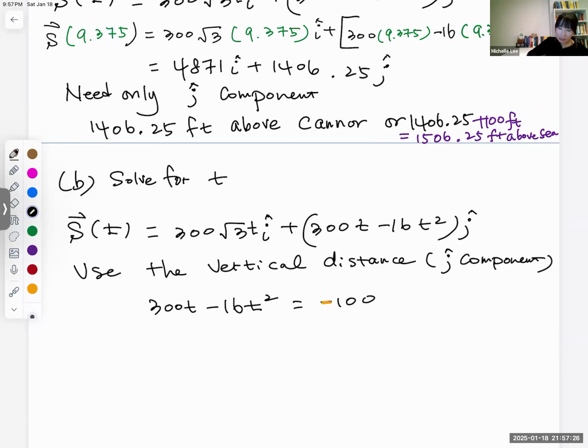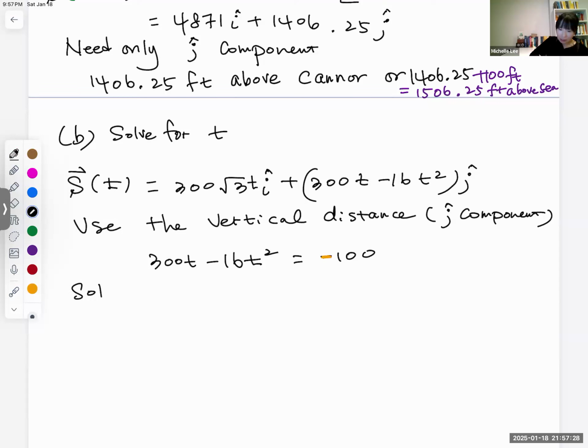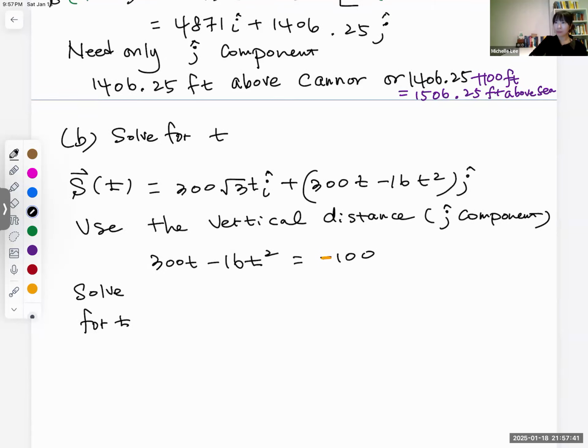Okay, now solve for t. How? Yeah, quadratic formula, right? So let's move everything to one side. So negative 16t squared plus 300t plus 100 equal to 0.